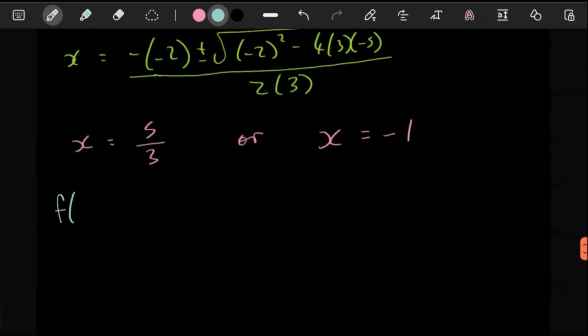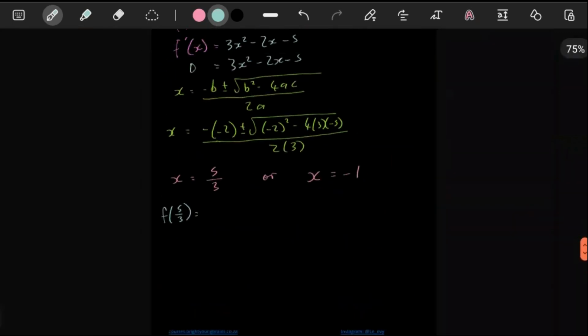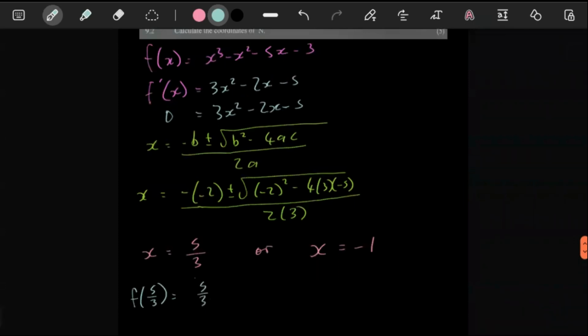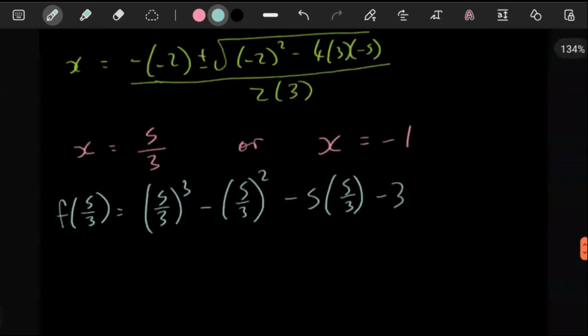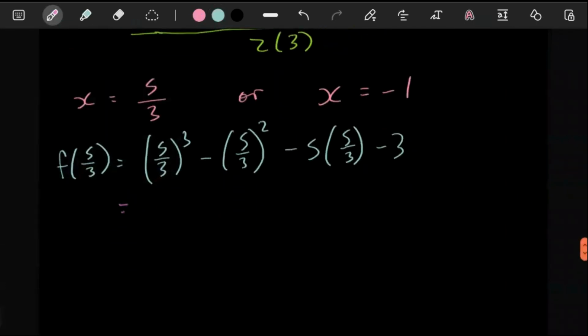So since we need the coordinate, we can just put that 5 over 3 into the equation of the cubic function. 5 over 3 cubed, and then 5 over 3 cubed again, and then 5 over 3 again. So all this, we just need to put it into the calculator. 5 over 3 cubed.